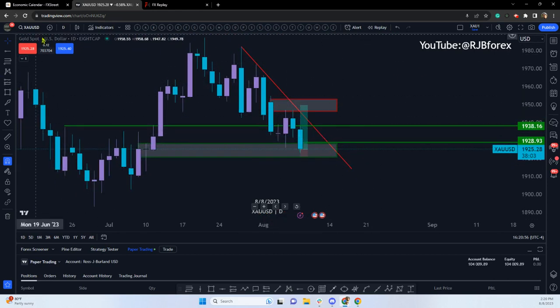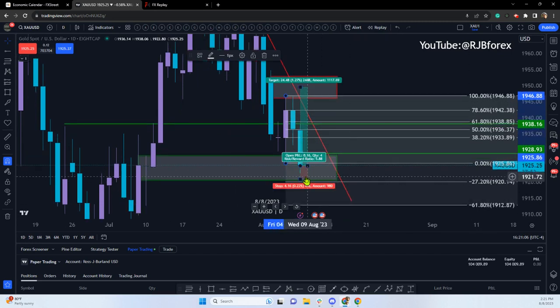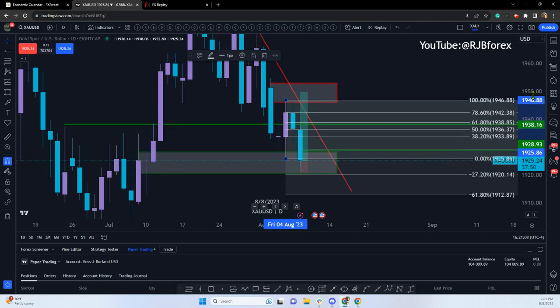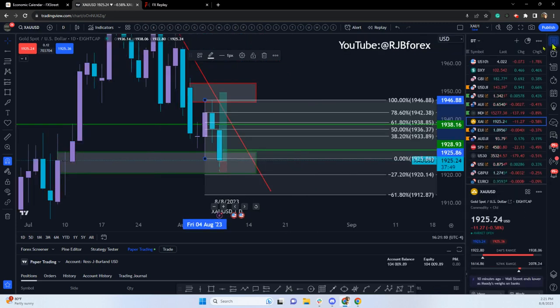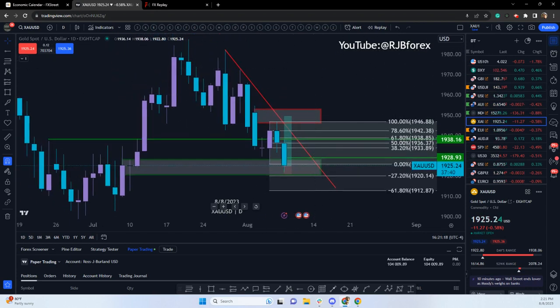We were measuring this daily correction up into here to target 1912. 1920 was what we spoke about this morning. Didn't quite make that. We got the low around 22.80. So there's still some dollars on the table for the downside.